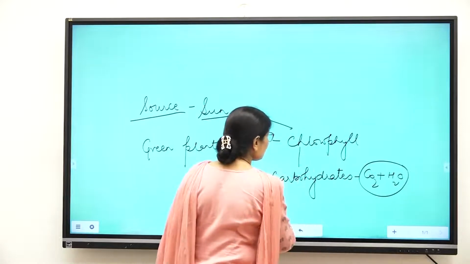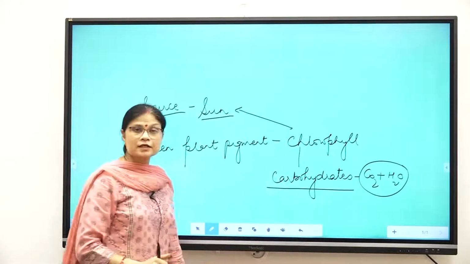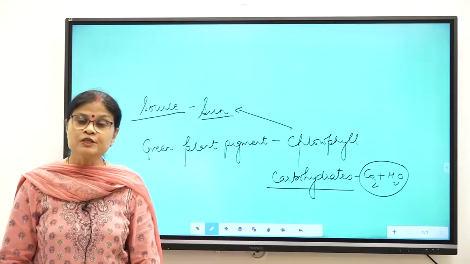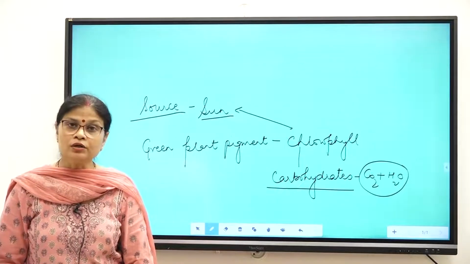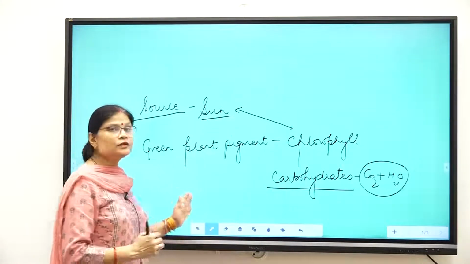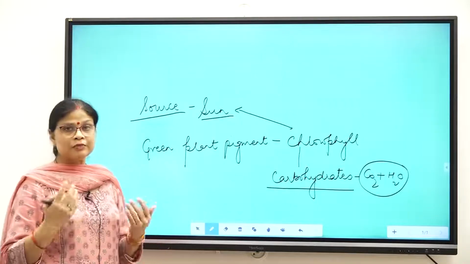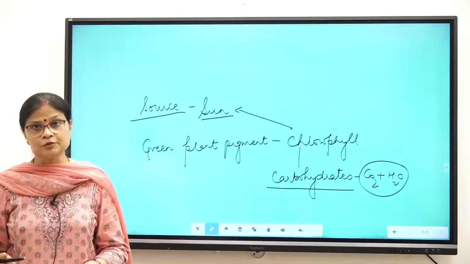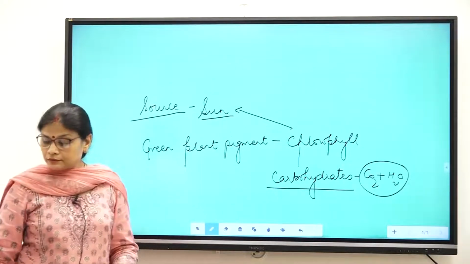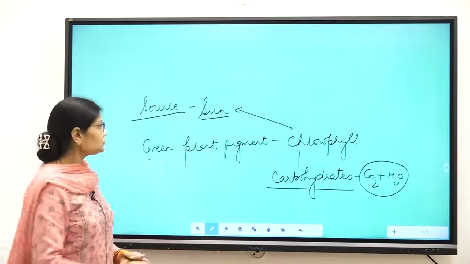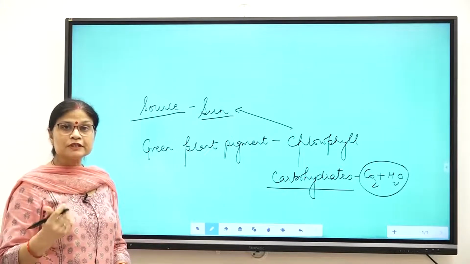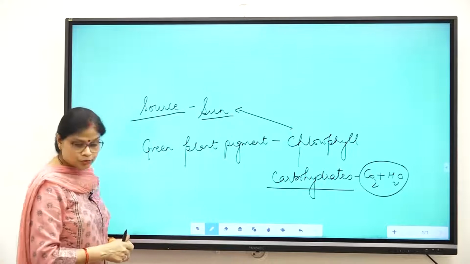This stored carbohydrate is available as a source of energy for all living beings, whether animals or humans. So, we get energy from the food we eat, plant foods or animal foods. The plant foods or animal foods give energy to our body.